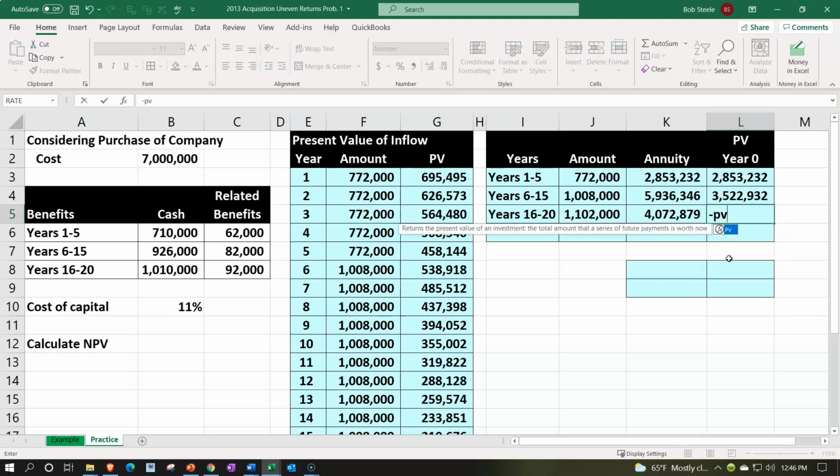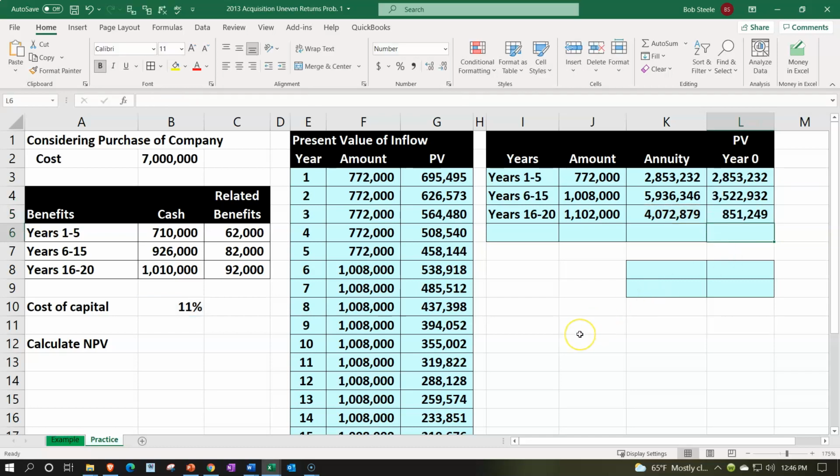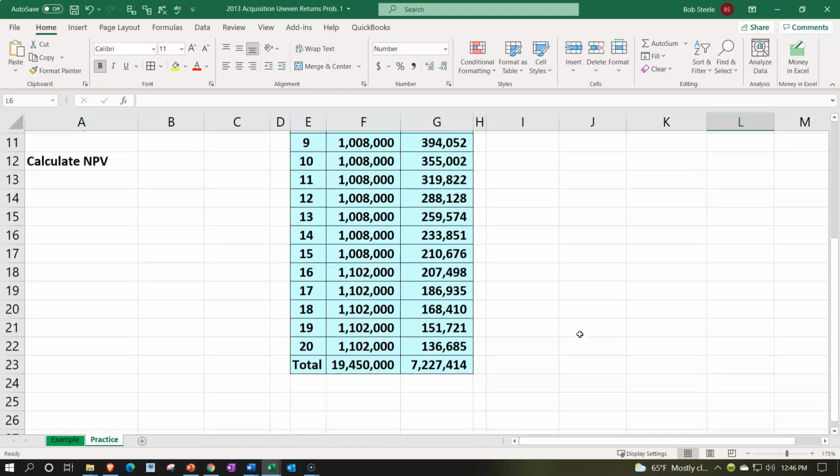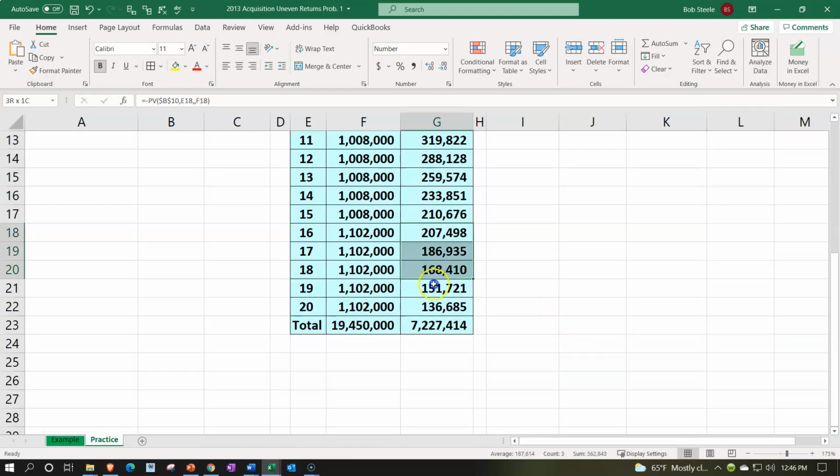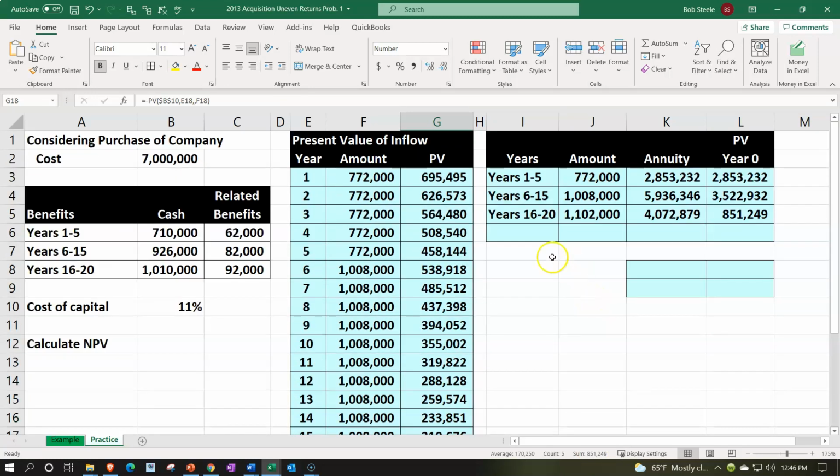So negative present value, shift 9, rate is at the 11%, comma, number of periods is going to be 15, bringing that amount back, and we get all the way to the 851,249. That looks familiar. So if I highlight 851,249, that's why it was familiar, because it's the right answer. And I've seen the right answer before.